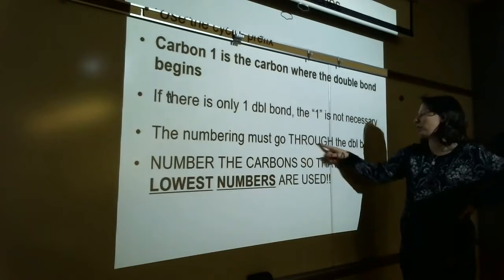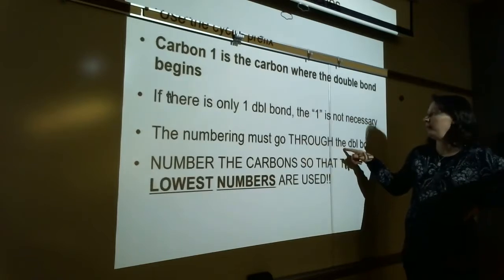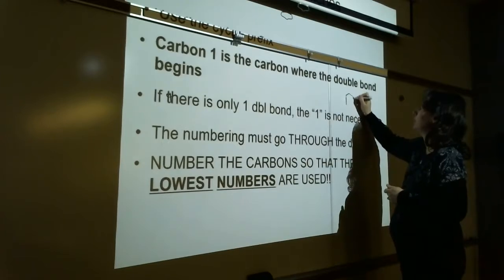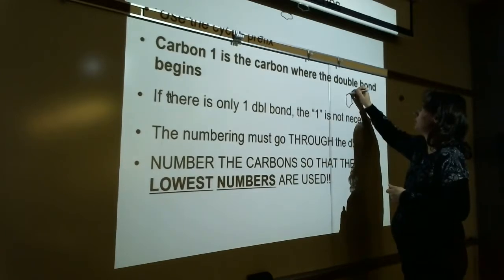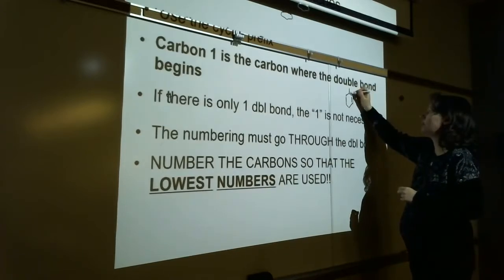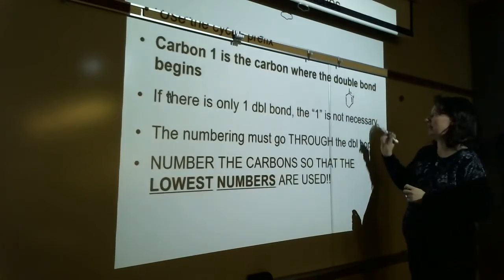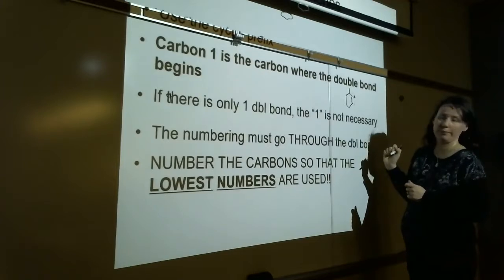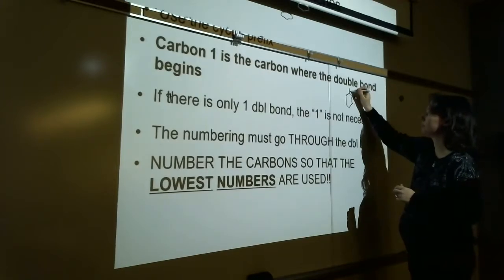And our numbering has to go through the double bond, okay? So for instance, if we had this, let's pretend I've got that. I can't go 1, 2. That doesn't make sense. The numbering has to go through the double bond. So it would be 1, 2, that way. Okay, it's got to go through the double bond.